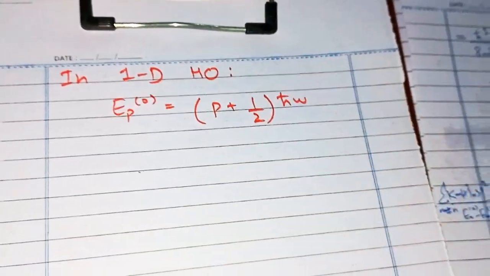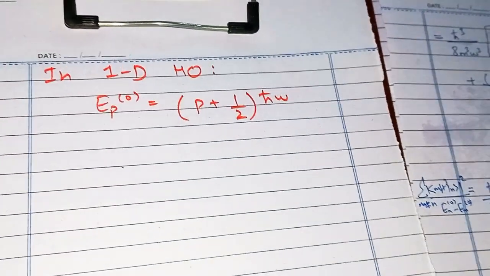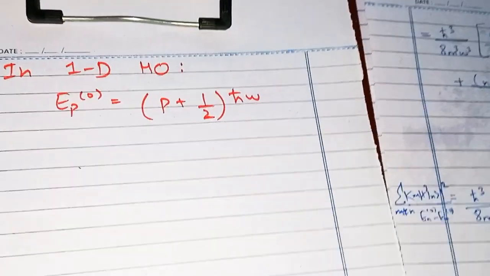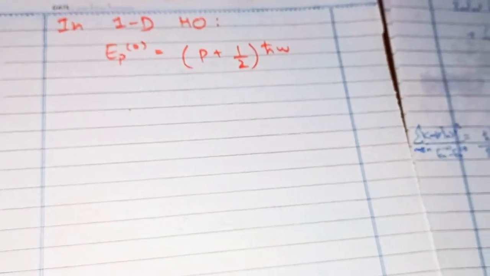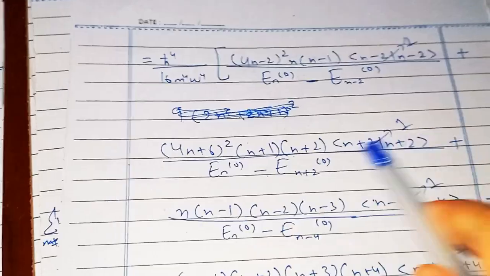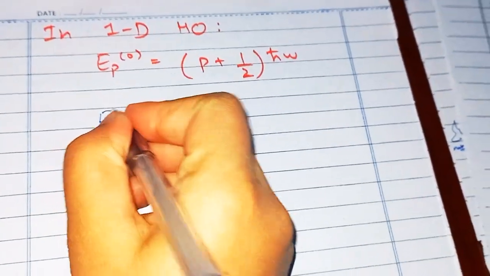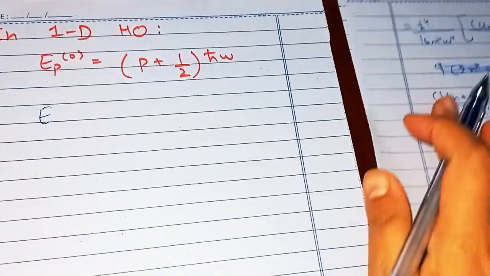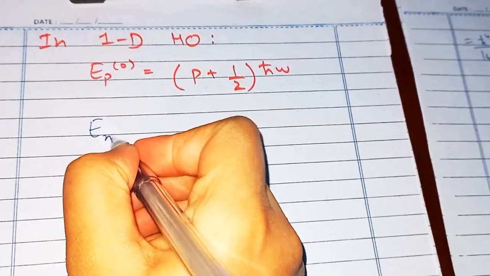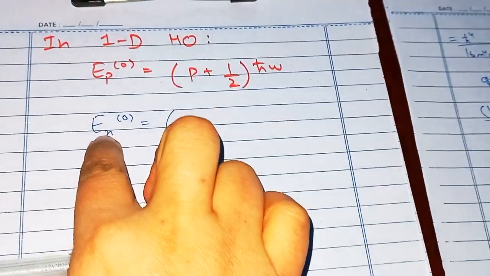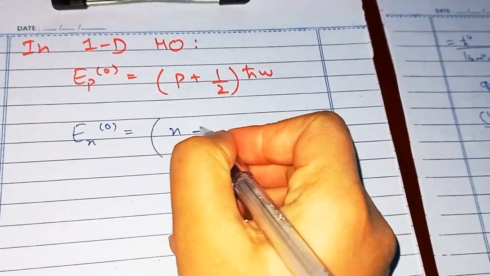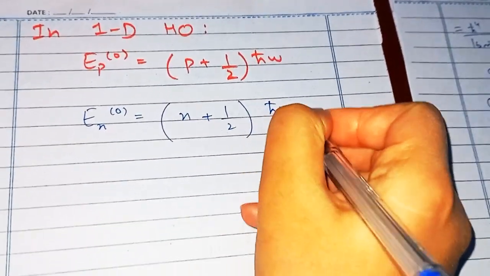I'm using p just to make a difference between n and p so that you may not get confused. And let's calculate all the energies that we need here. First we need En of 0. For that purpose we'll replace p by n simply, so it's n plus 1 by 2 H cut omega.